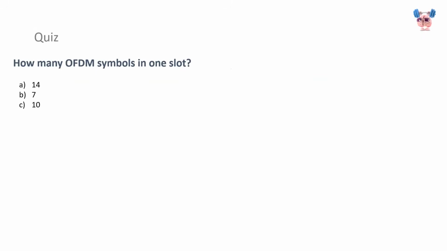And do you know how many OFDM symbols are in one slot? Okay, great. Guys, seriously, thanks a lot for listening carefully and giving the right answer. It means a lot to me.